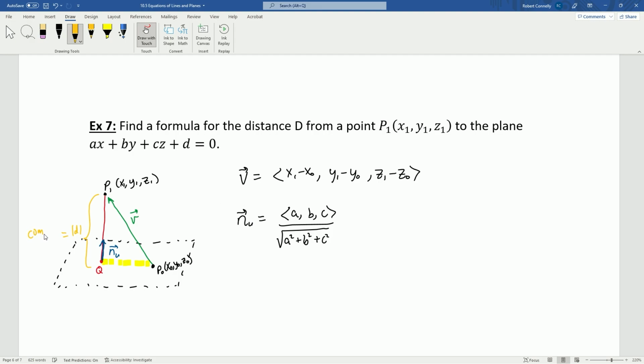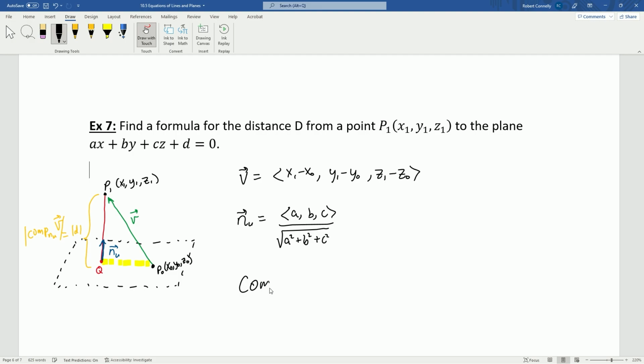So this is the component along the normal vector of V. But we actually just want the length of that thing, so we take the absolute value. Okay, so all that is to say that what I'm really trying to find here is the component of this arbitrary vector from a point on the plane to P1 along the normal vector that leads to P1, right? So if I can find that, then I'm in pretty good shape.